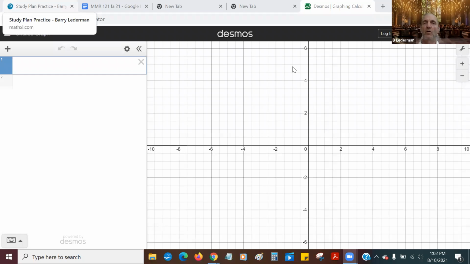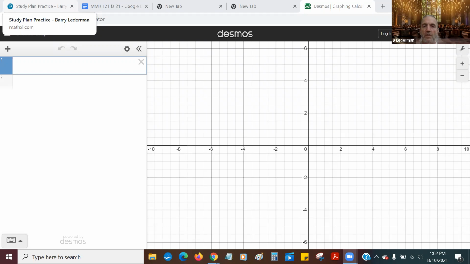So let's go to Desmos. And now let me share my screen again with you so you can see what I'm doing. Okay. So here we're back on share screen, and now we're in Desmos.